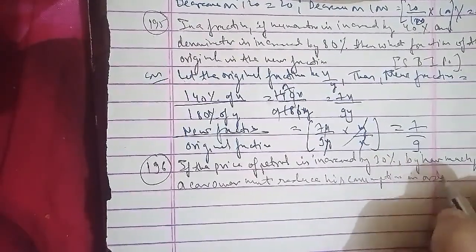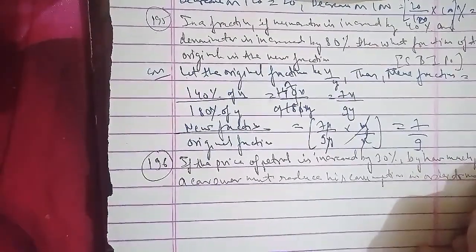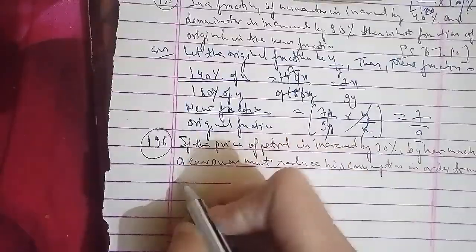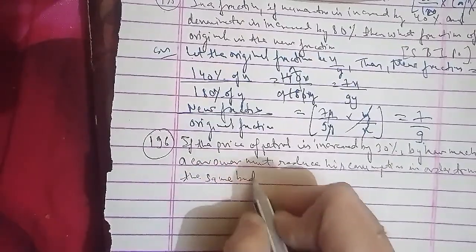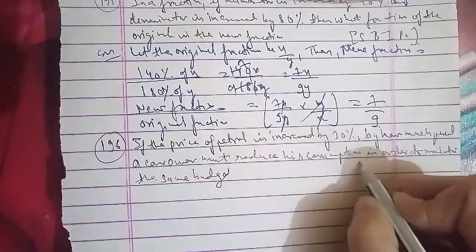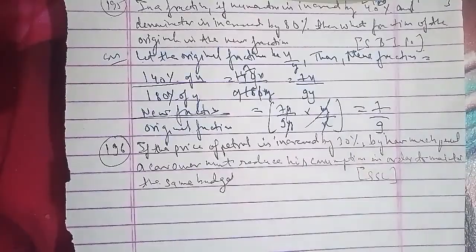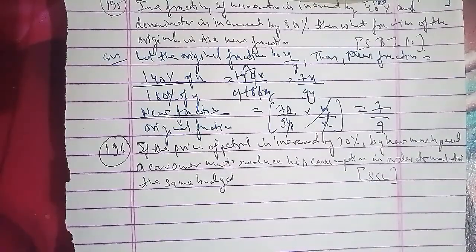So decrease in consumption equals R upon 100 plus R into 100%, which equals 30 upon 130 into 100%, that is equal to 23 1 by 13% here.